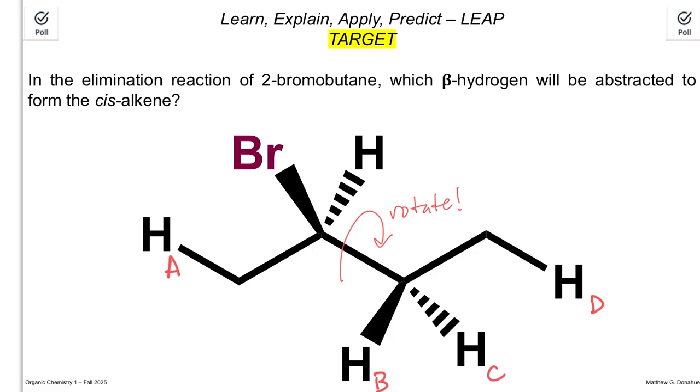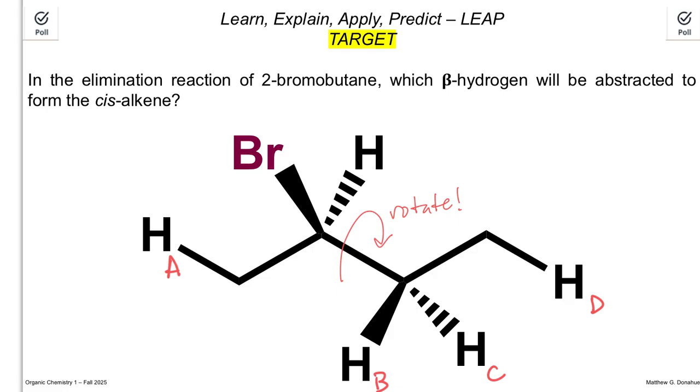And then what happens is the terminal methyl groups, their orientation to one another will change. And so this one was which hydrogen?